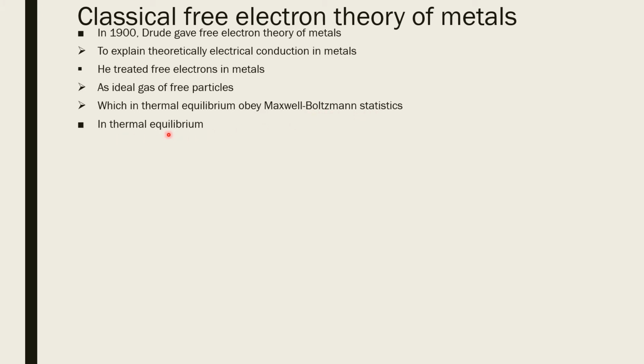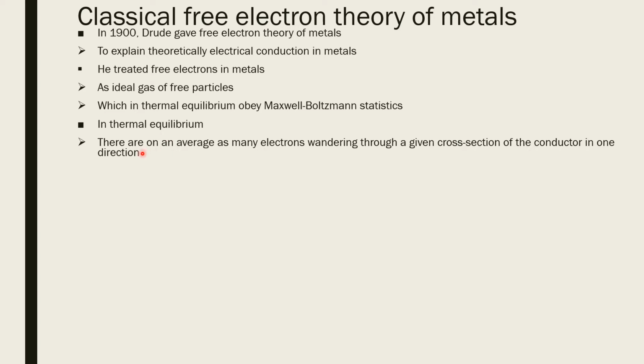In thermal equilibrium, there are on an average as many electrons wandering through a given cross-section of the conductor in one direction as there are in opposite direction. Therefore, the net current is equal to zero.